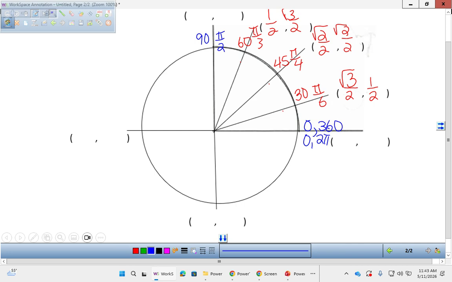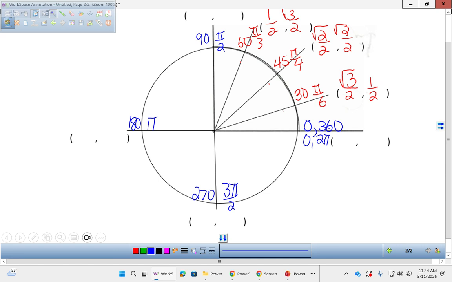I don't care how you look at that one. If I go 90 more degrees, I'm at 180, which is the same thing as pi. And then 90 more degrees is 270, which is 3 pi over 2. You can call that 1.5 pi if you want to just go up by 0.5, so that works as well. And then I'm back to 360 and 2 pi, which is the full circle.